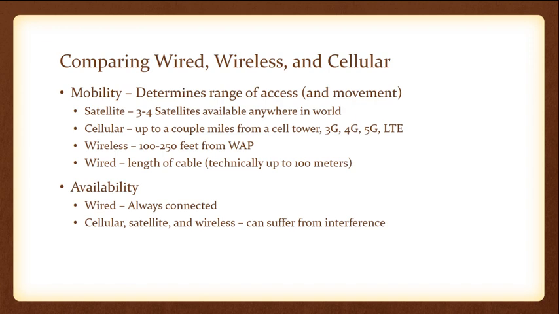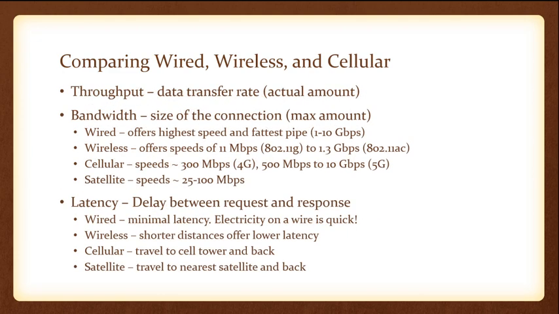You're not always going to have things available to you depending on what's going on between you and your Wi-Fi signal, between you and your cell phone tower, between you and the satellite. There could possibly be interference, whether it's electromagnetic interference, weather, bad weather systems, or whatever. So wired is the best for availability.